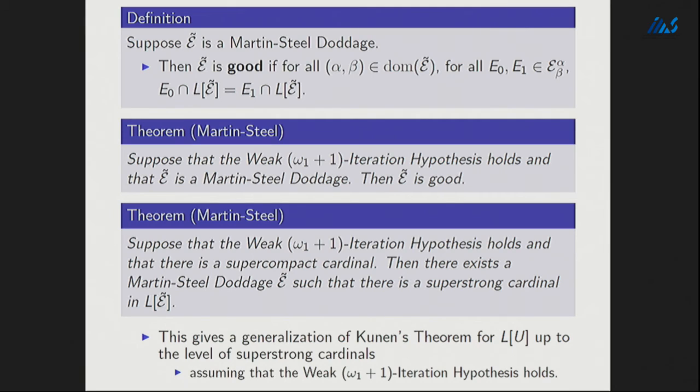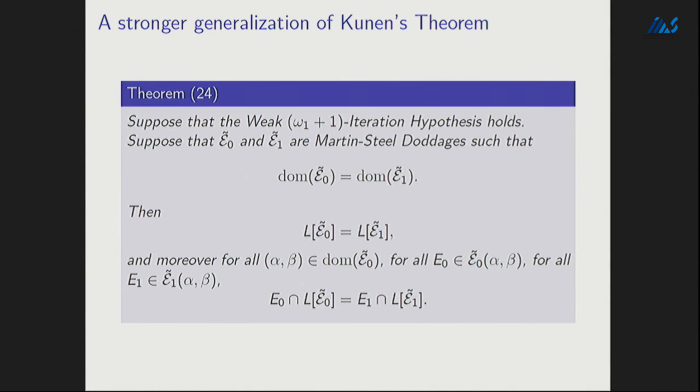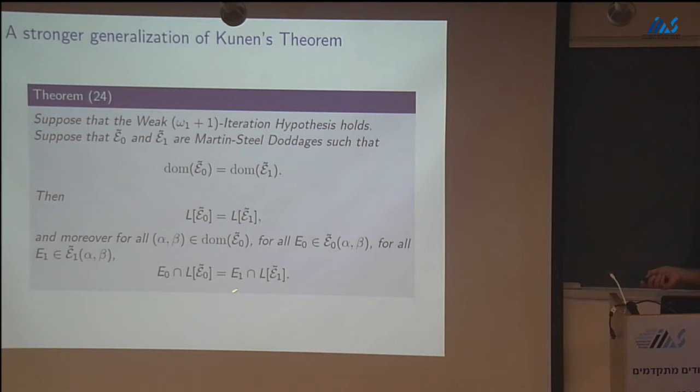But this is great. We're getting up to super strong. Now I'm just going to state a theorem. It'll be proved in the notes. There's an amusing generalization of the theorem about goodness that really shows you that things are just like the one measurable case. So here's the theorem. Same iteration hypothesis. Suppose you have two Martin-Steel dottages, but now let's just require that they have the same domain. Then the models you obtain are the same, and for everything in the domain and every extender, they agree.